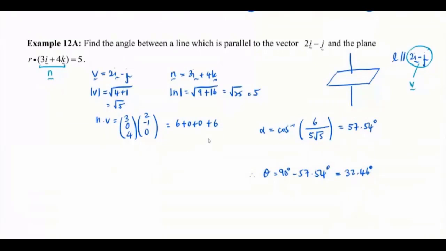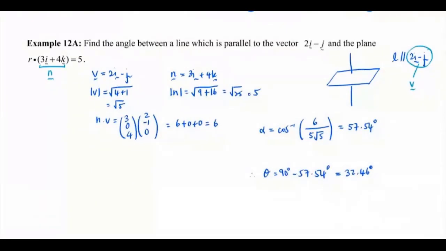Bukan 12 kah? Kenapa 12? Di sini 6 tambah 0 tambah 0 tambah 6. Ya, ini saya tersalah. Ini sepatutnya equal, plus should be equal. Saya tak fokus. Okay, should be equal. Okay, clear so far?